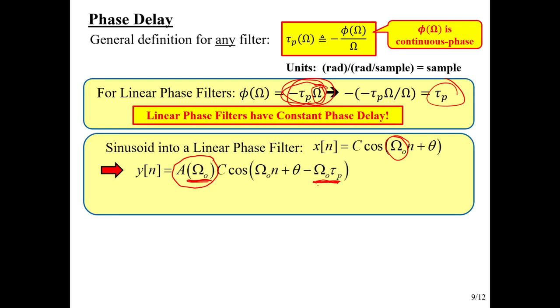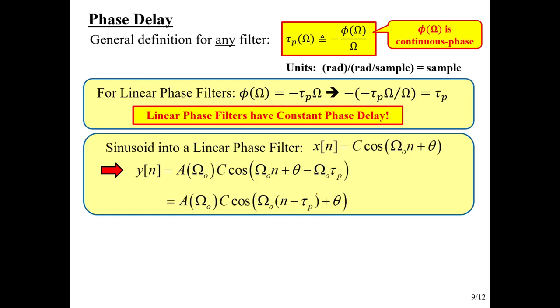And now what happens? Well, now we see that we've got an omega 0 here and an omega 0 here, so we factor that out, and that shows that the phase delay shifts the sinusoid. So again, remember that if this is not an integer, we're just reevaluating this cosine on that new grid. Here it's not an issue because we're not saying I only have samples.